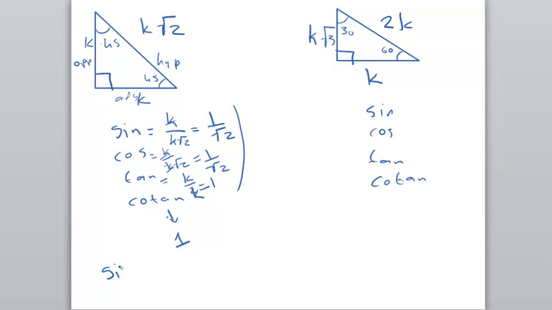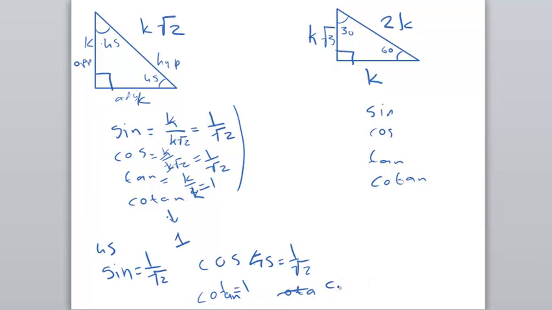Sine 45 degrees is equal to 1 over root 2. Cosine 45 is equal to 1 over root 2, and tangent is equal to 1, the same as cotangent.